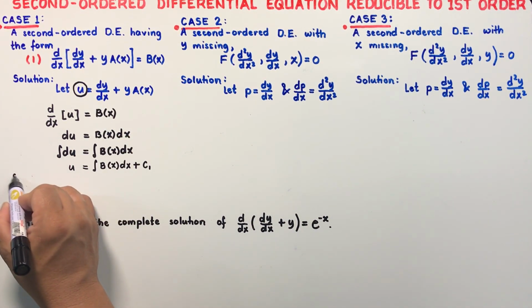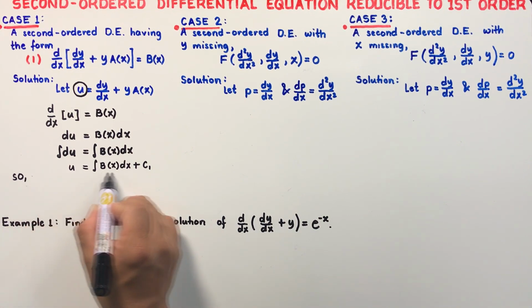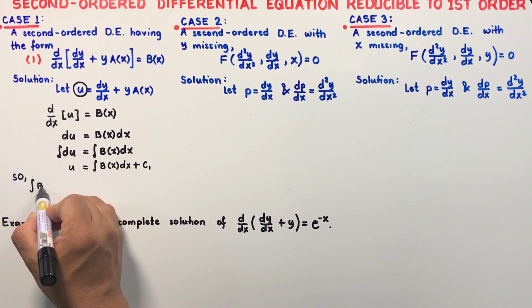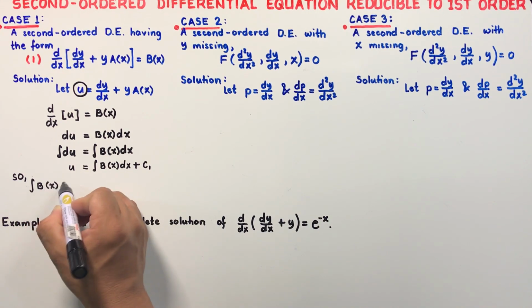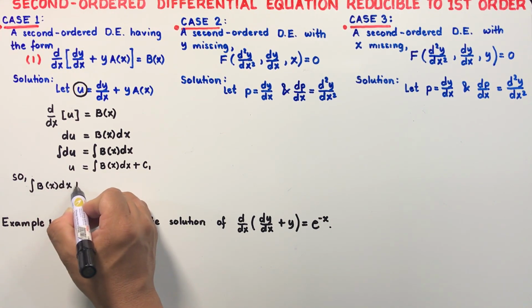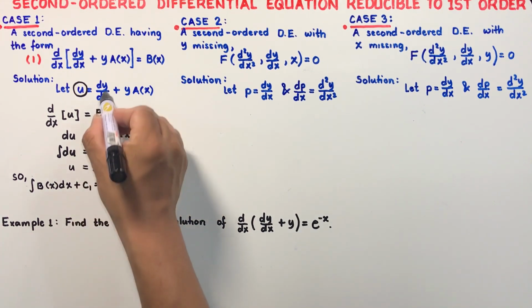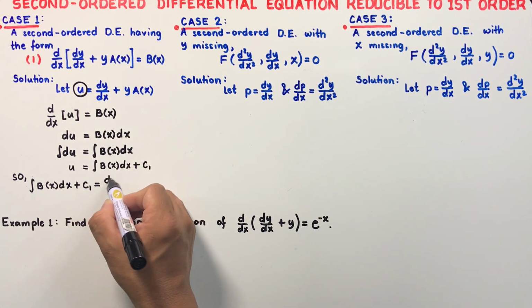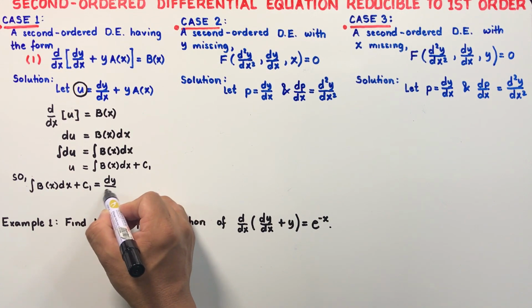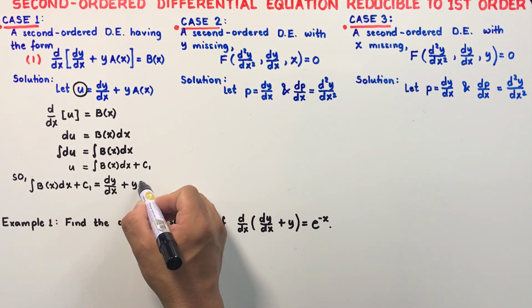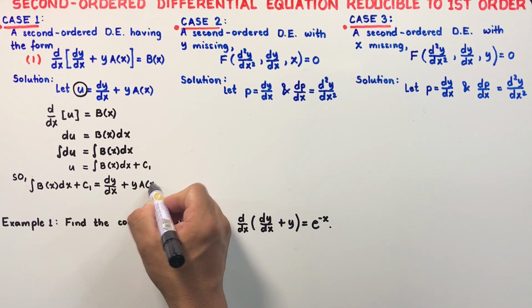So we say that the integral of b of x dx plus c sub 1 is equal to dy/dx plus y times a of x.